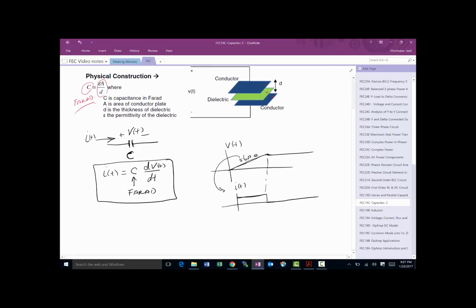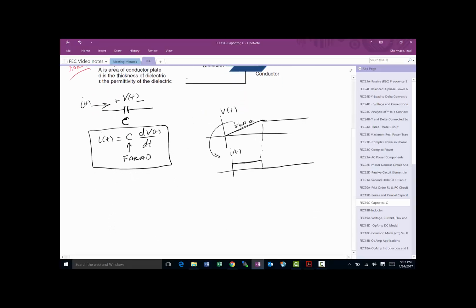Great. Now we can also write voltage in terms of current. If you integrate both sides and clean it up, we're going to get 1 over C times the integral from time t0 to time t of i(tau) d tau.